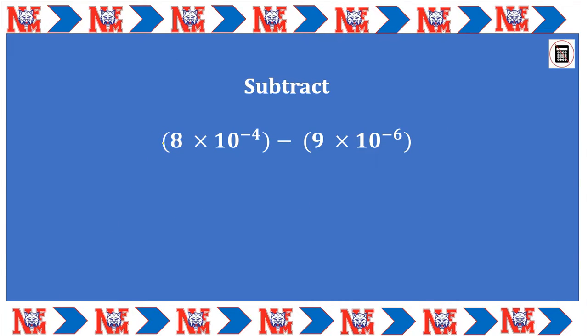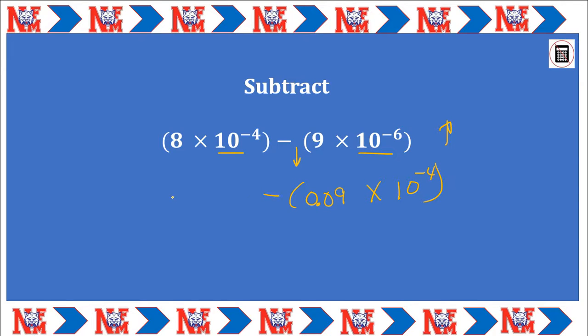Okay, let's do the same thing for subtraction. These powers have to have the exact same exponent. So I'm always going to take the smaller one and make it into the larger one. So negative 6 is smaller. So here I'm going to go up by 2. So here I have to go down by 2. So I'm going to move the decimal 1 and 2. So I move the decimal 1 and 2 because I went up 2 exponents here.